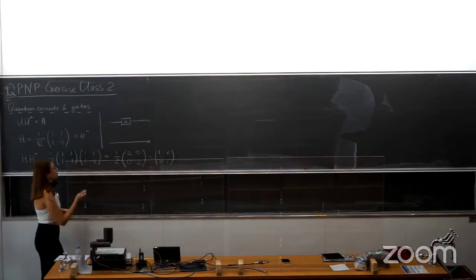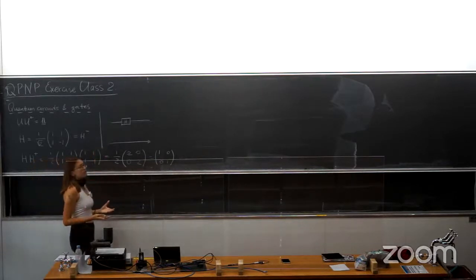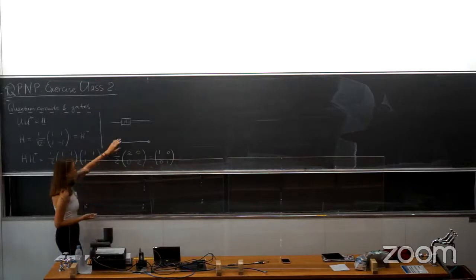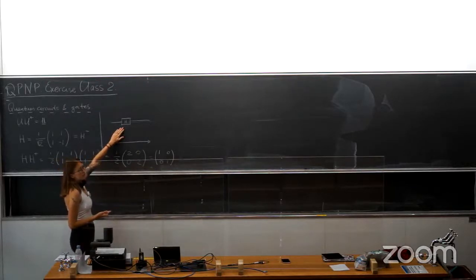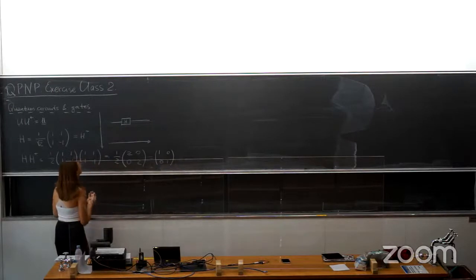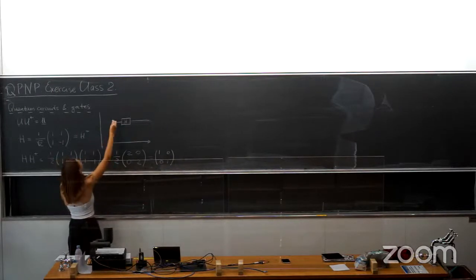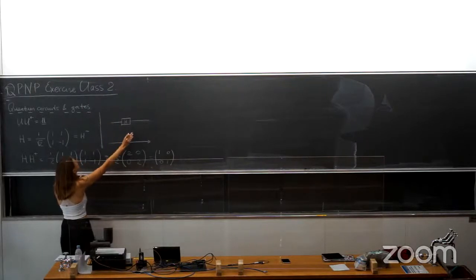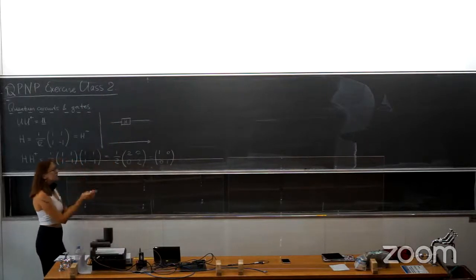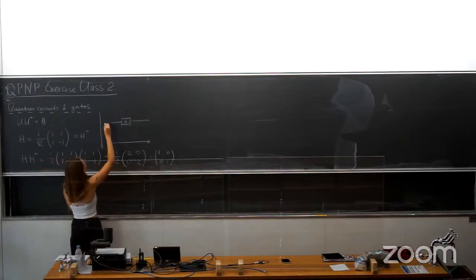In this case, there is only one system, 1 qubit, to which this operation is applied. Then we can also label each of these lines, which correspond to each system, by the initial state of the system. Let's call it the system S.